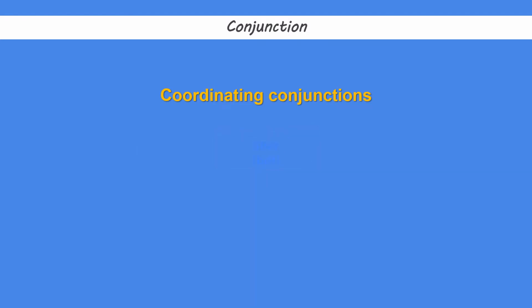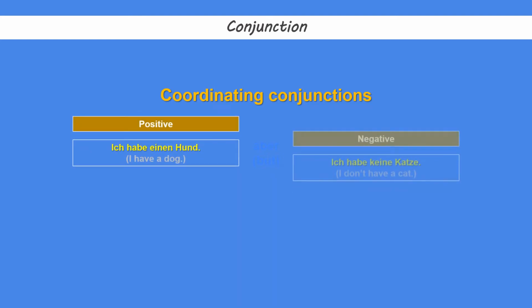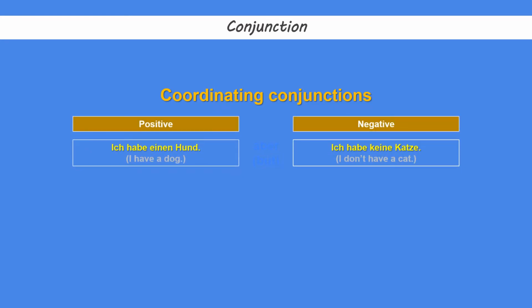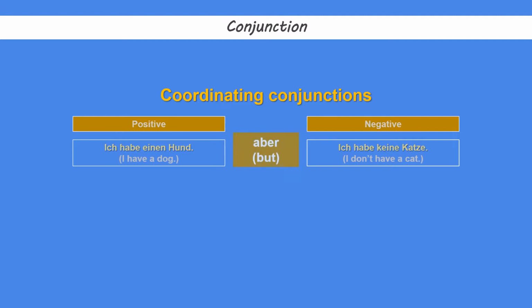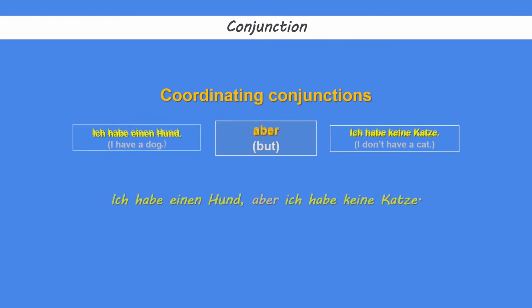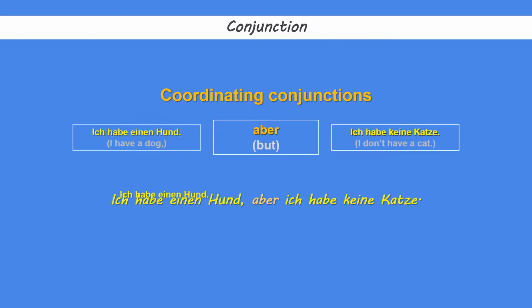Another example. Ich habe einen Hund. I have a dog. Ich habe keine Katze. I don't have a cat. Ich habe einen Hund, aber ich habe keine Katze.